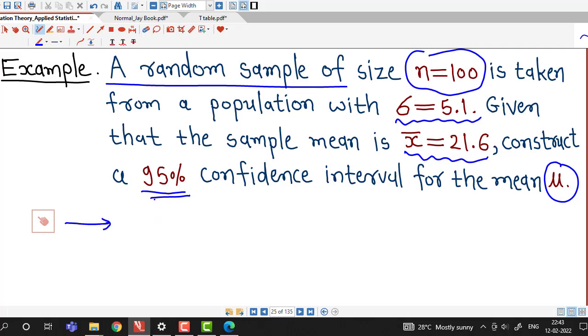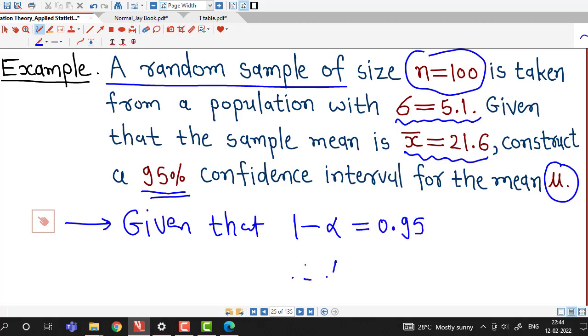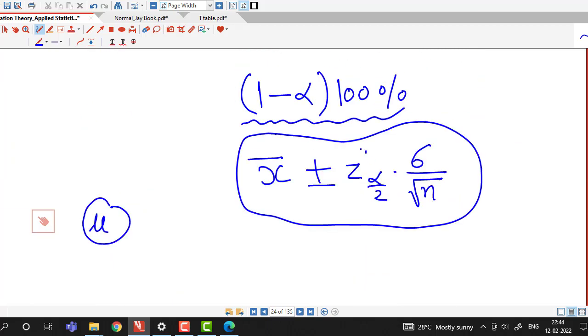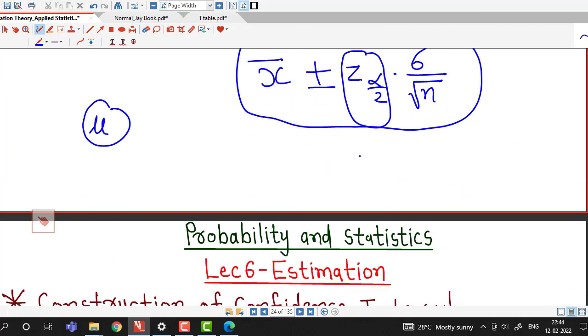The level of confidence is 95%, so 1 minus alpha is 0.95. Therefore alpha will be equal to 0.05, because here we will require the value z suffix alpha by 2.